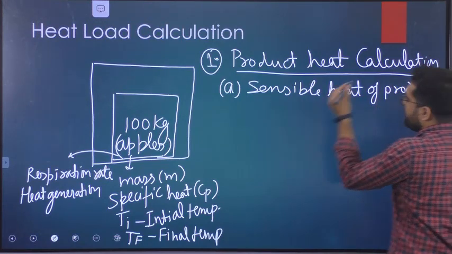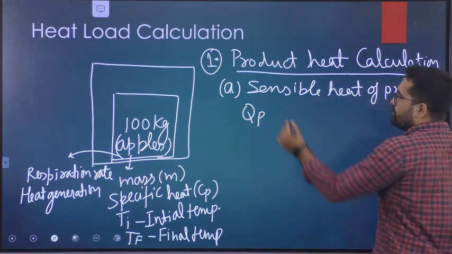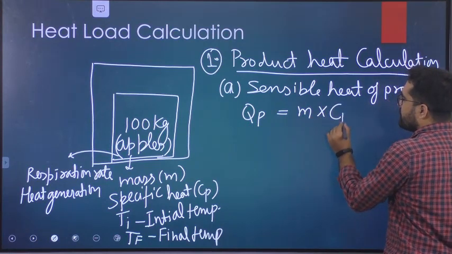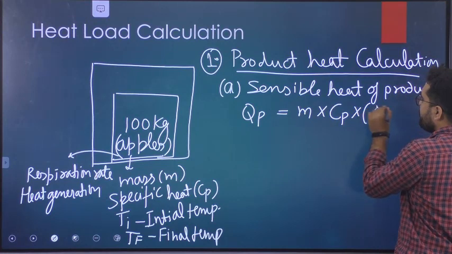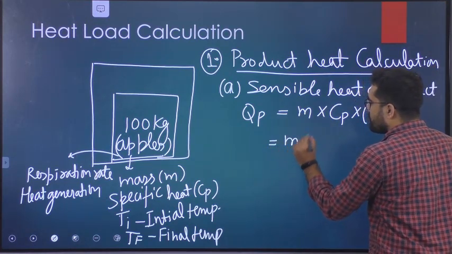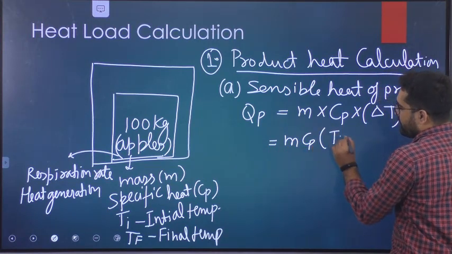We are dealing with so many heats, so let us call it Qp. So Qp will be mass of product into specific heat of product into delta T, where delta T is nothing but Ti minus Tf.